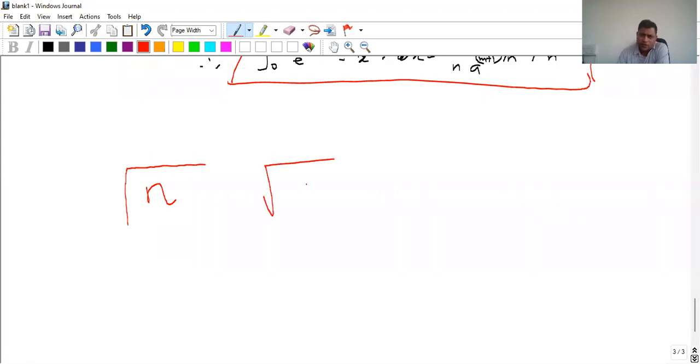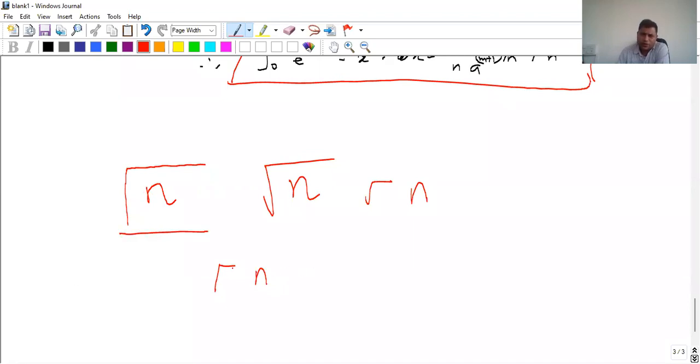Like we write n inside the square root, we do not write square root n. The same way we should write n inside this gamma. Because on Google it was showing beside it, like f of x. Okay, it should be written like this.